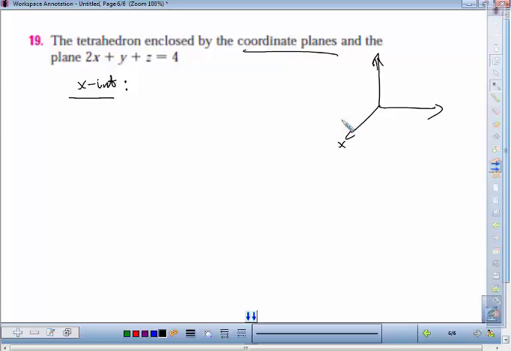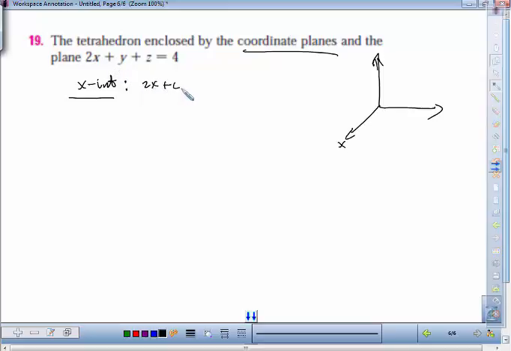The other variables would be equal to 0. So if I want the x-intercept, think about setting the y and the z equal to 0, because that's on the x-axis, right?